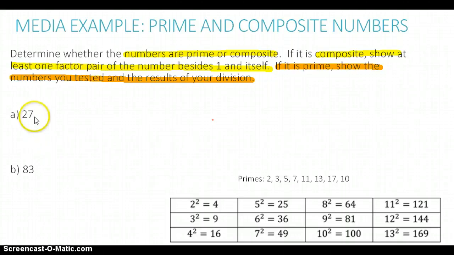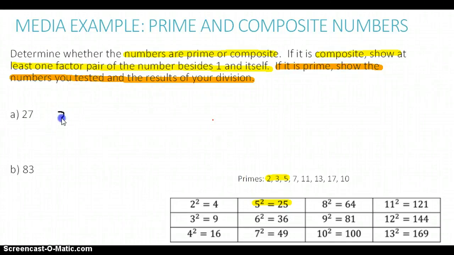But in the videos, I just want to be a little more systematic and see the process we would carry on with. So 27 lies between 25 and 36. So 25 is 5 squared, rounding down. Now, to determine whether 27 is prime, that means we have to check the primes less than 5, which are 2, 3, and 5. So let's take a look.